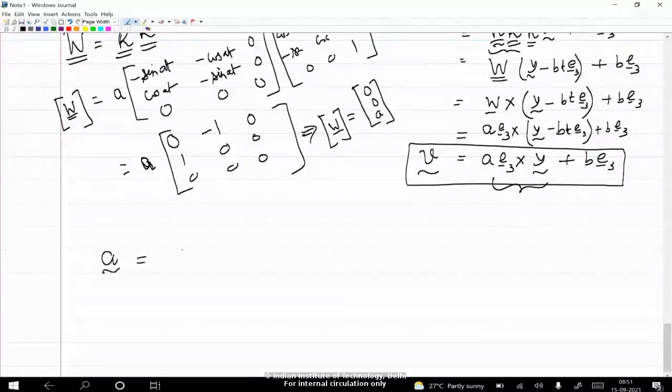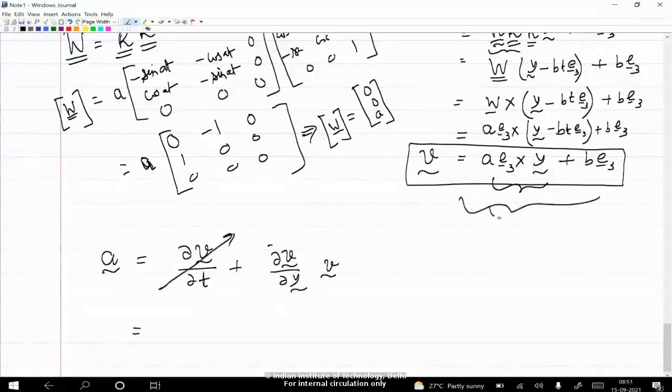Because you have an Eulerian form, you simply say del v del t plus del v del y, and I could also put it right in the tensor form, del v del y multiplied with the velocity. So the first term is of course 0 here. You can see that there is no explicit time dependence present in the Eulerian form.